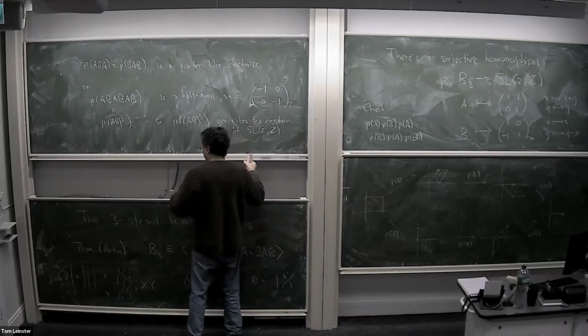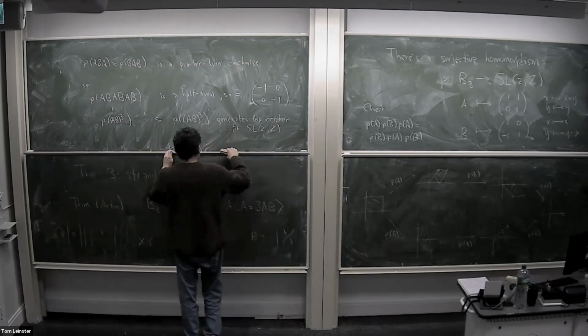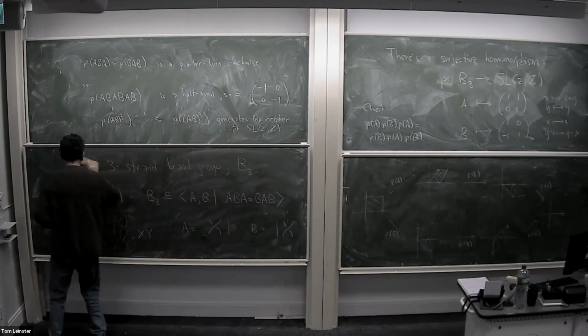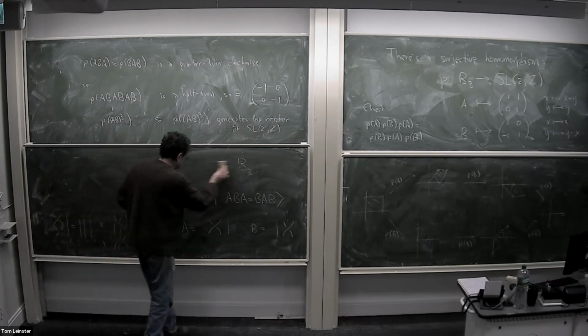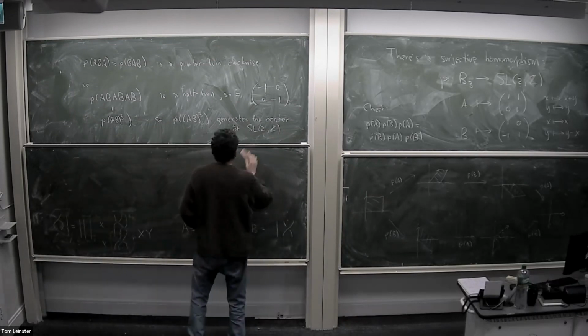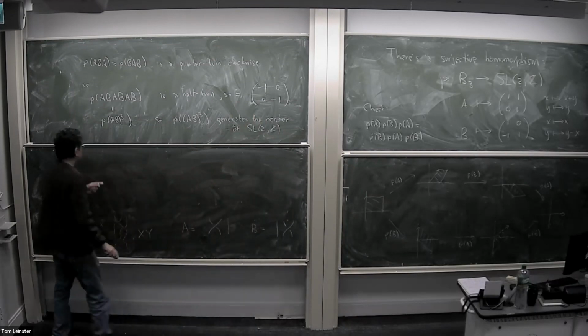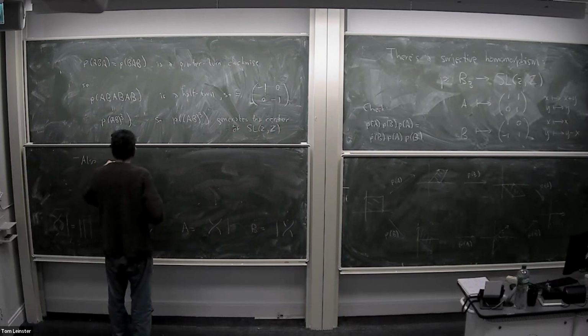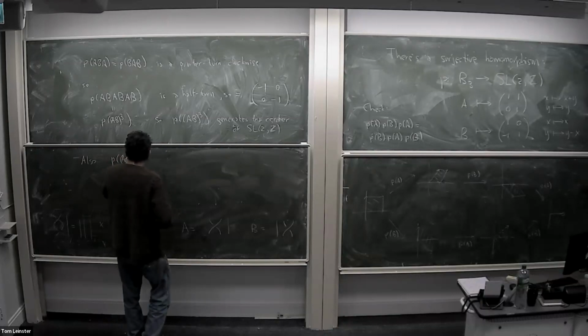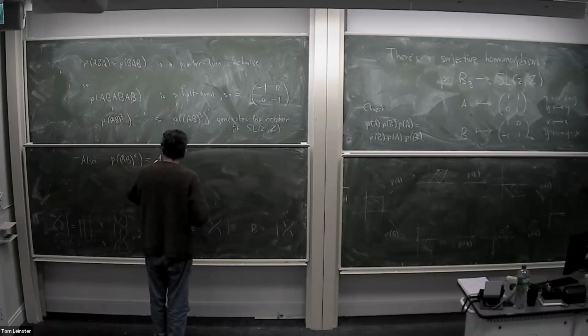But then another instant consequence of all that is that we took AB cubed and applied P to it and got minus the identity, but that means if we take AB to the 6th, we get the identity. So P of AB to the 6th is also a very interesting thing. It's just the identity.